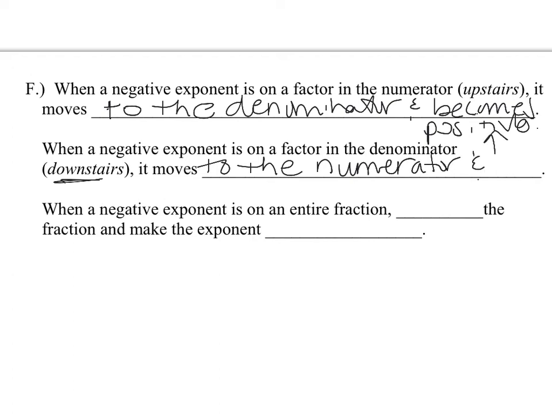When a negative exponent is on an entire fraction, you don't have to bring it in, because as soon as you bring it in, it's going to change everybody's sign, all the exponents' sign, and you're going to move everything. So if it's on the outside of parentheses on the entire fraction, you flip the fraction and make the exponent positive. But that only changes the outside exponent to a positive. Okay?